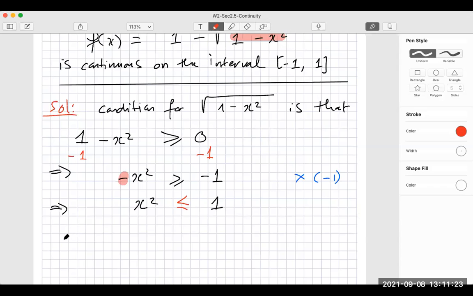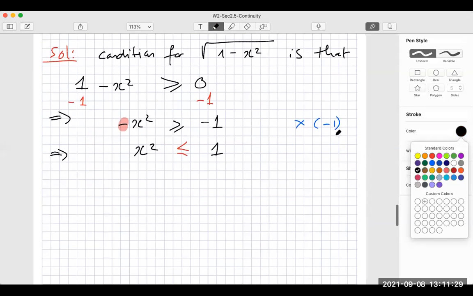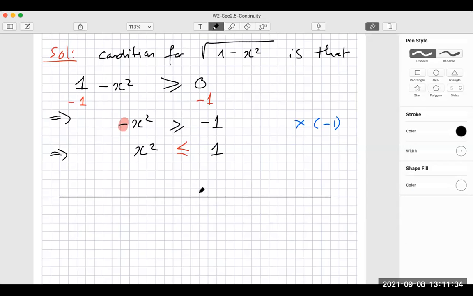Then square root of x, right? Or look at this. Imagine 0 is right here, -1 right here, 1 right here, right?